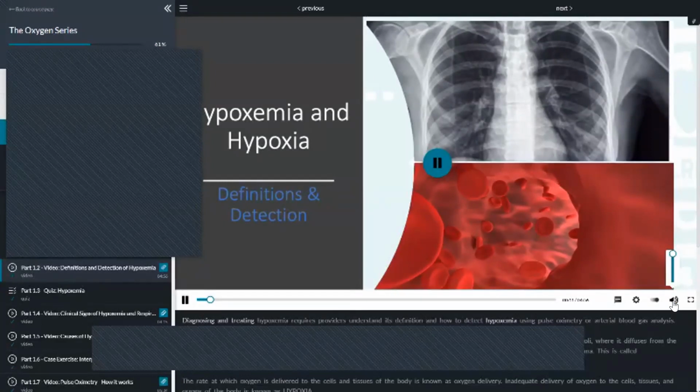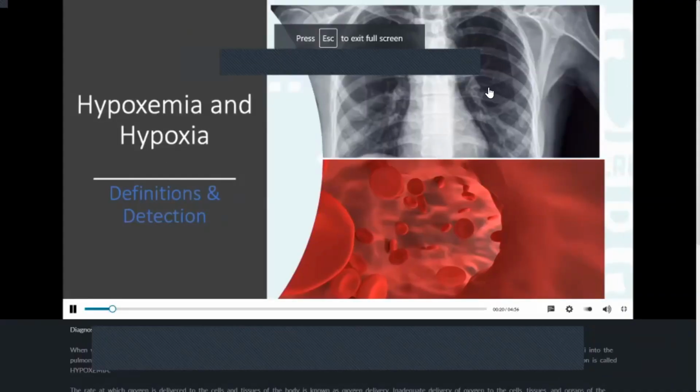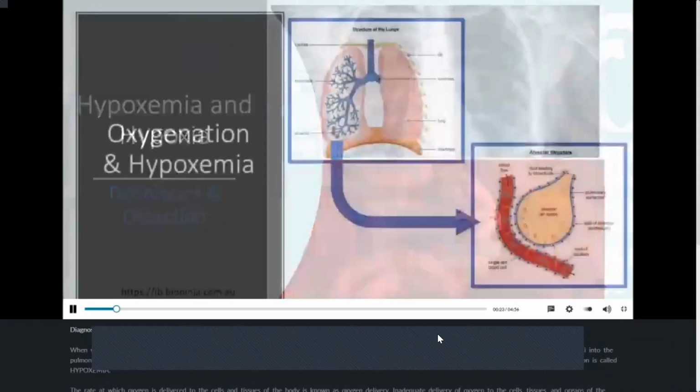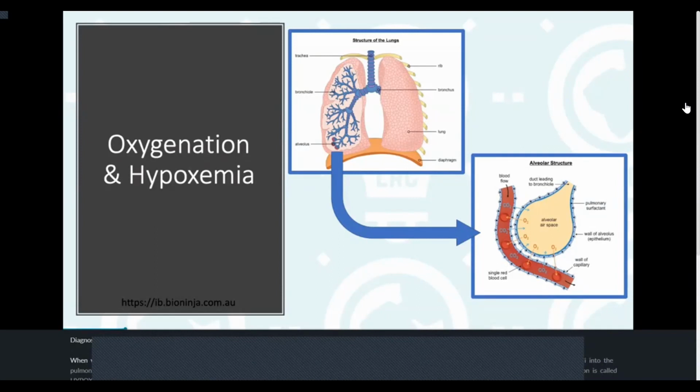Diagnosing and treating hypoxemia requires providers to understand its definition and how to detect hypoxemia using pulse oximetry or arterial blood gas analysis. When we breathe, we pull air into our lungs. Room air contains 21% oxygen.